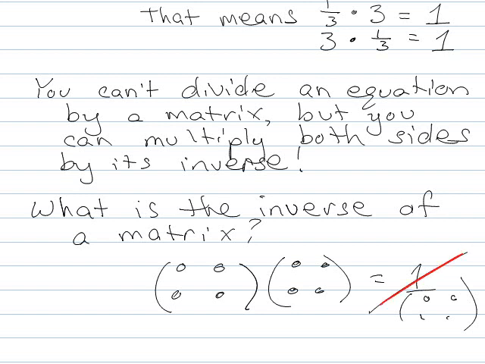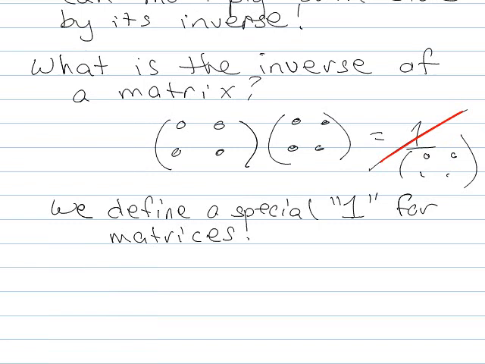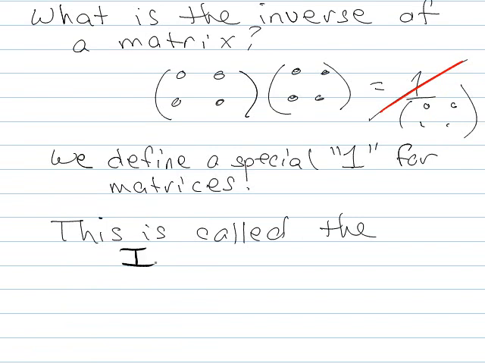So actually we define a special 1 for matrices. And the 1 is called the identity matrix. So it's not really called 1, it's called the identity matrix.